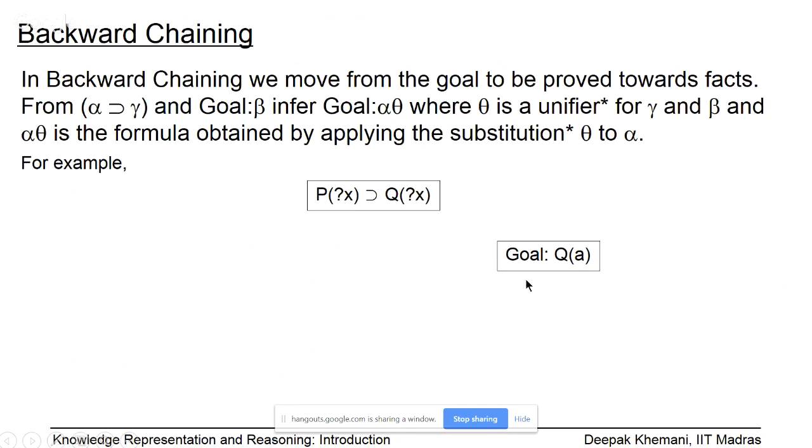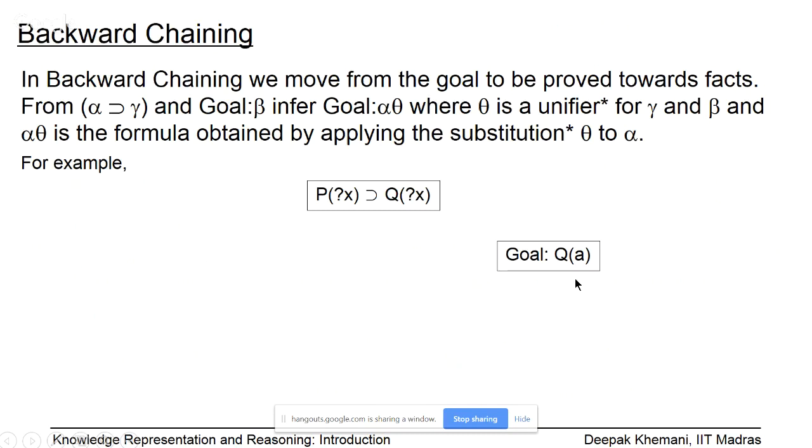You are given the statement that all p's are q, and you are asked the question: is a a q, or can you show that a is a q, which is like saying that we have a goal to show that q(a) is true.